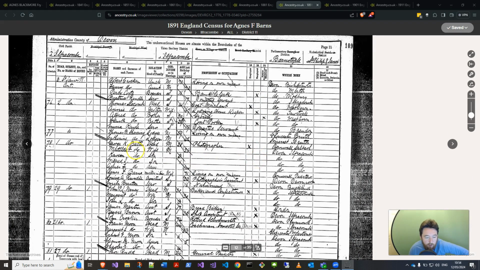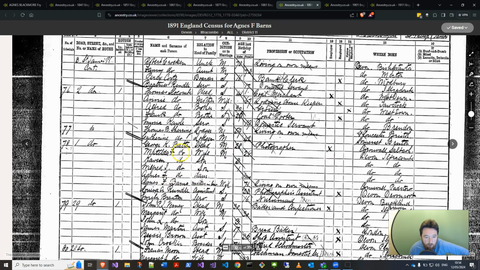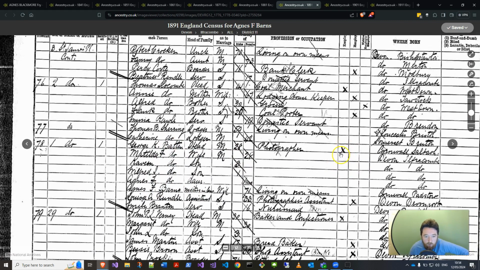And if I look here again, my ancestor Agnes Fry Barnes is living with her daughter and son-in-law, and only he has got the cross. The daughter, who is his head of the household wife, no cross. 3-year-old, 1-year-old, 1-month-old, no cross. Widowed, and at 71, no cross either. So only one of them is even registered here.